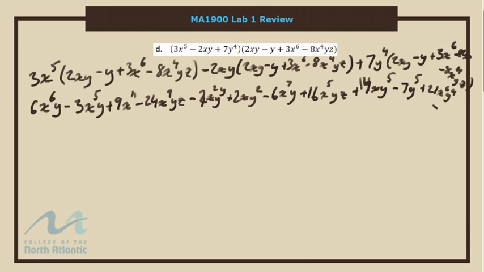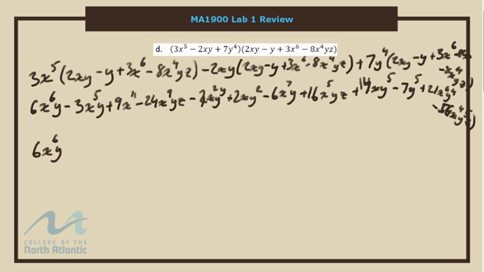Oh, my math is starting to fail me now. 64? That's not right. 56x to the 4 y to the 5 z. Now, that's a really clumsy number to work with, but we end up with 6x to the 6y.